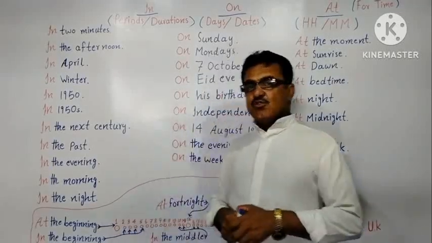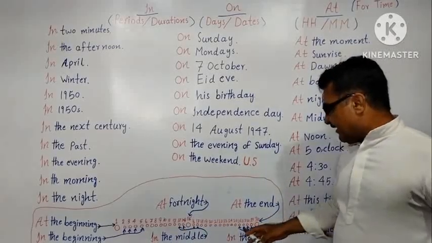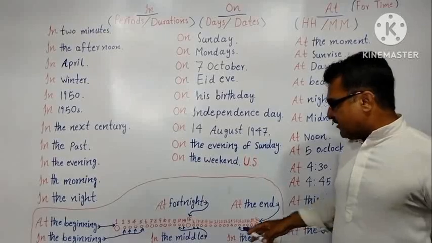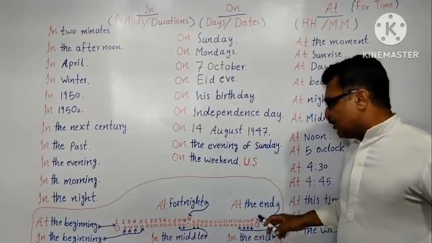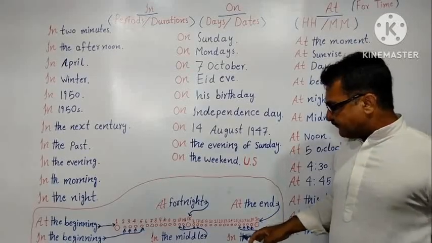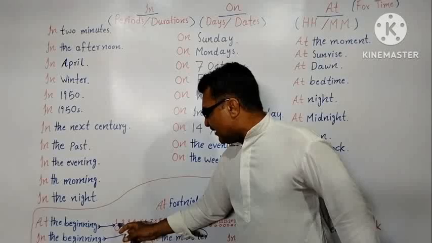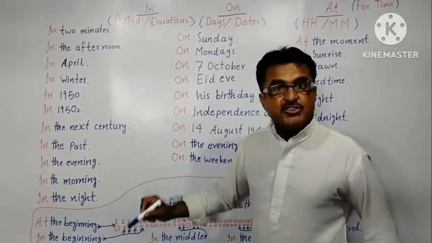Okay. So here I have drawn a map of the month with digits 1 2 3 4 5 6 until 30. You can see here. Now see, at the beginning means on the first date of the month.